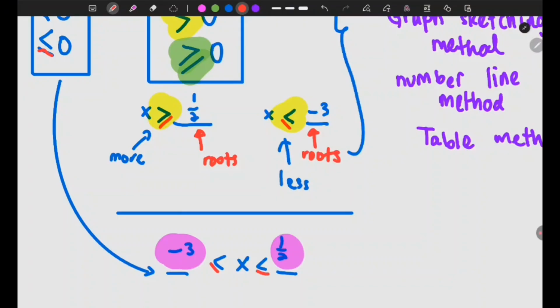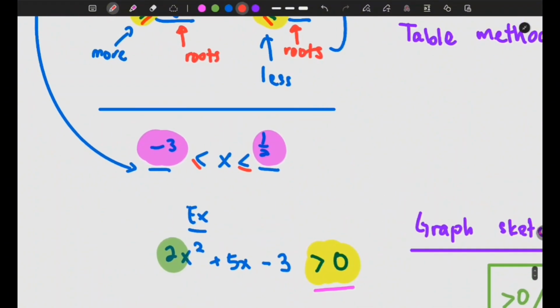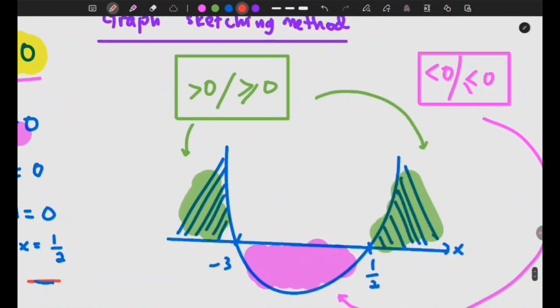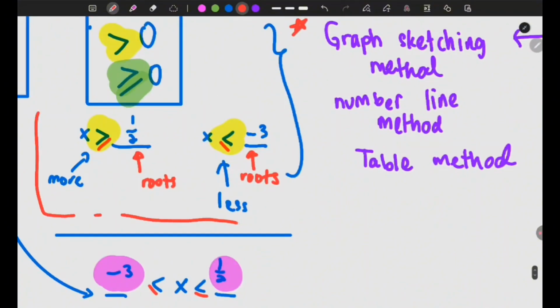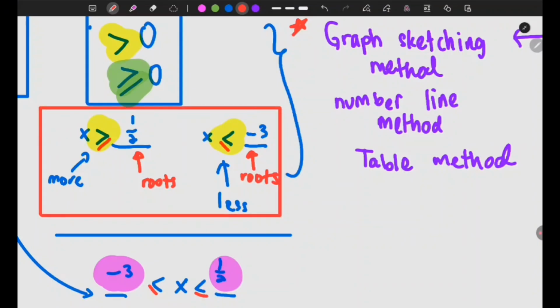Just follow that. But this time your sign is more than 0, so you have to shade at the sides, and your answer will be in this pattern. So easy, right? You just need to look at the inequality sign only.